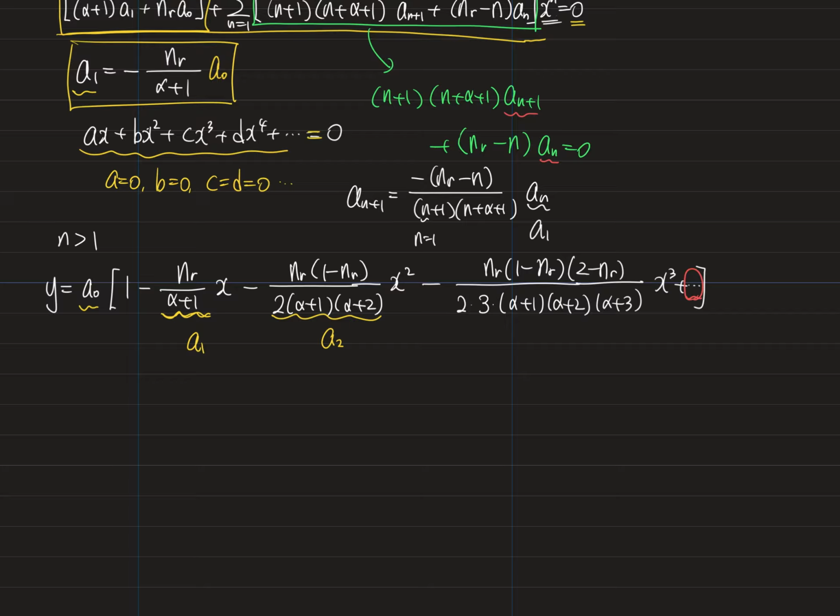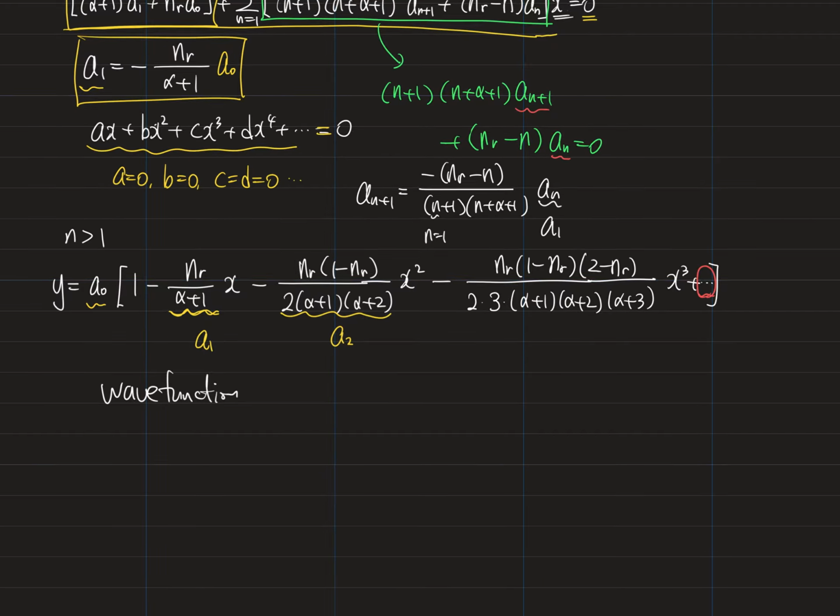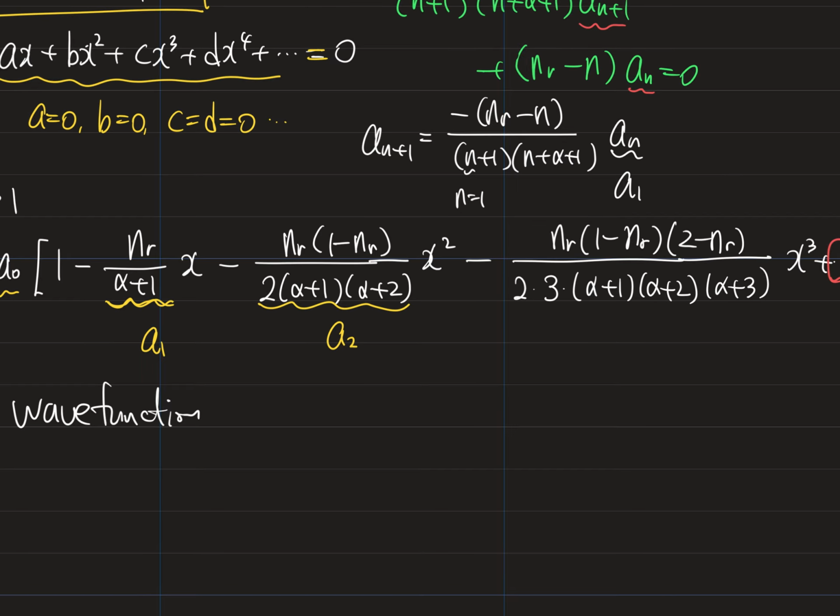So wave function, it cannot really be the infinite sum of some polynomials, right? It should decay to 0 at some point, right? So we can never accept the infinite sum for the wave function.